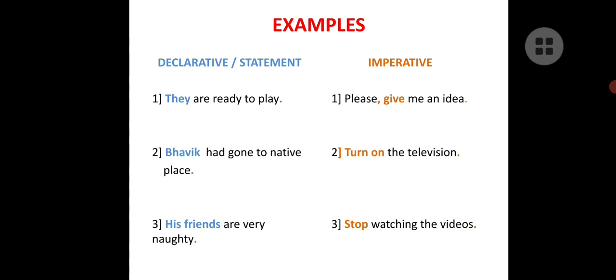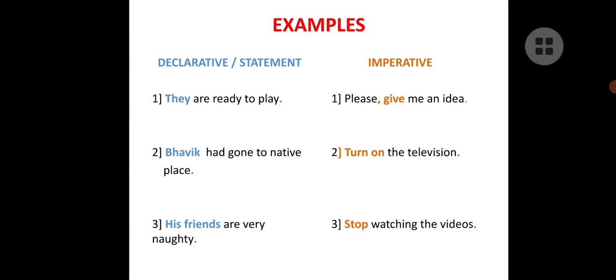Now let's see the difference between declarative sentence and imperative sentence. Declarative sentence is also called as statement. In both the types, the sentences end with full stop. But the difference is what? Declarative sentence begins with a subject, whereas imperative sentence begins with a verb.